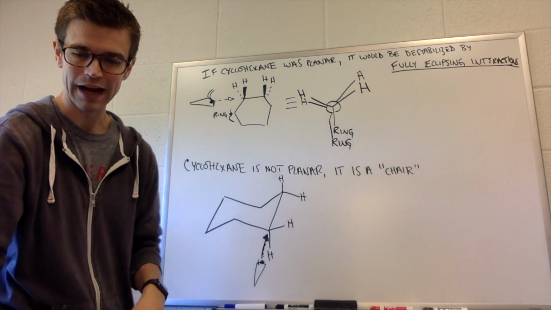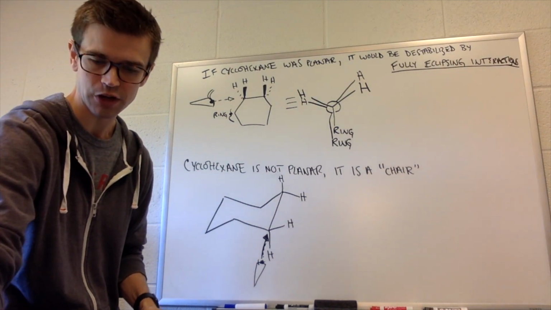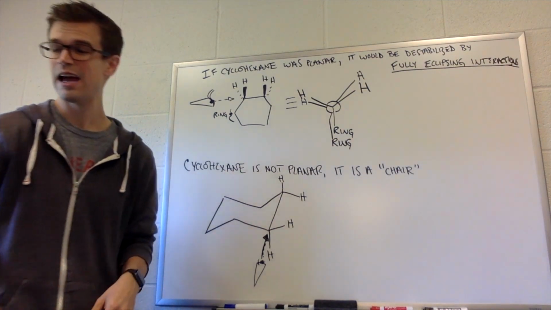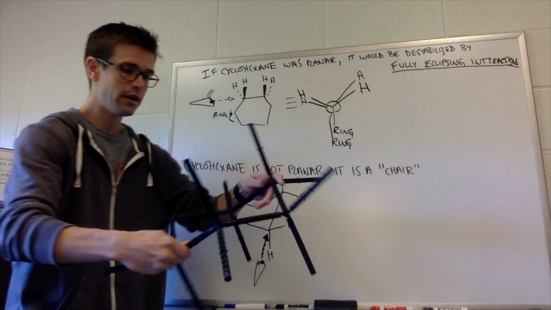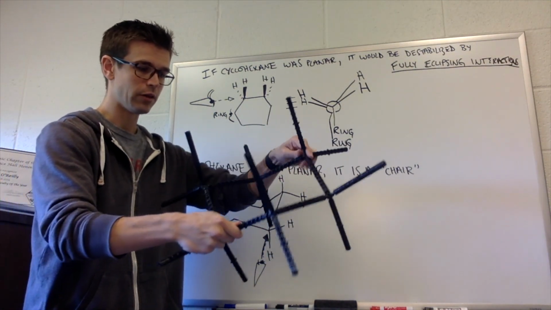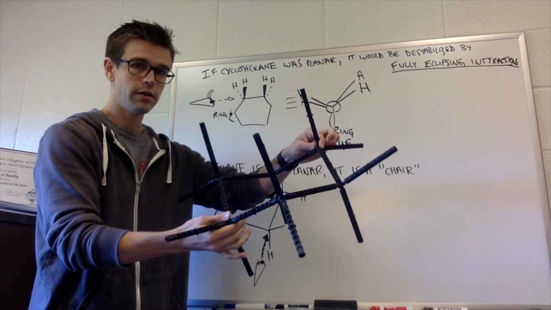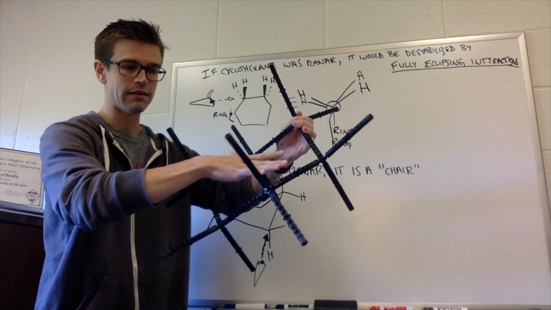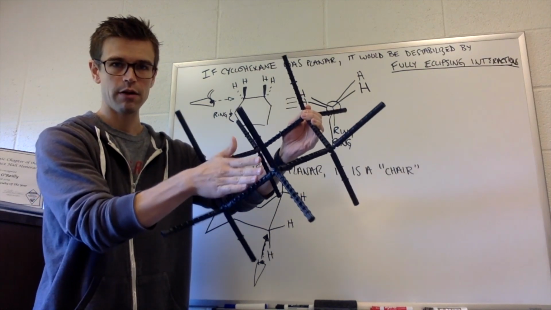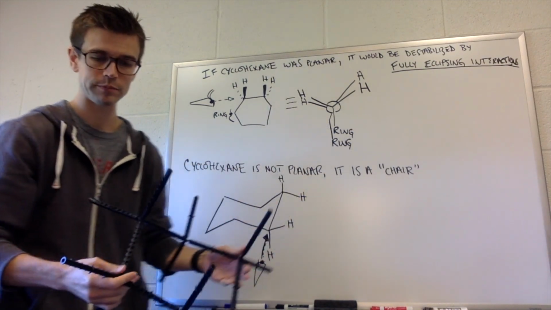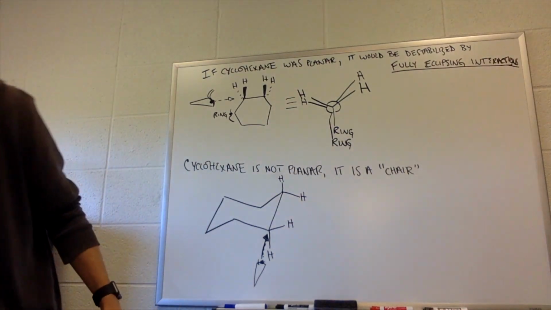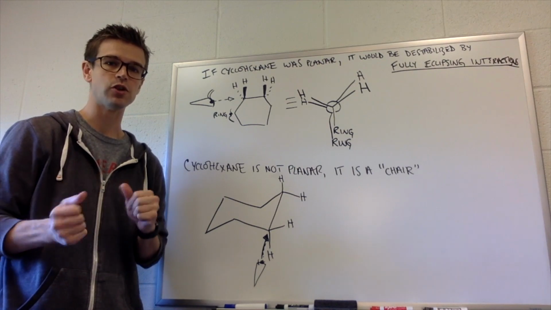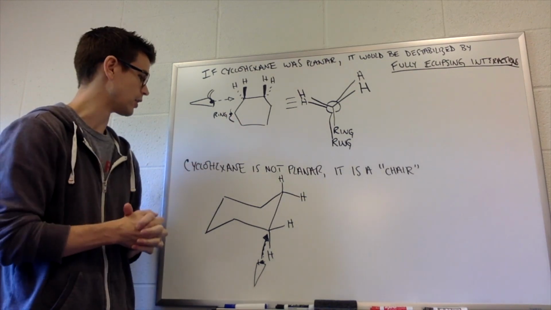And on the right side, I kind of show a chair, and then I show the cyclohexane kind of on top of that chair, and you can kind of see how they would name it a chair. But with this model, this here is kind of the back of the chair, this is like the seat of the chair, and this is kind of where the feet would go. But why would this chair structure be a more stable structure than the planar cyclohexane?